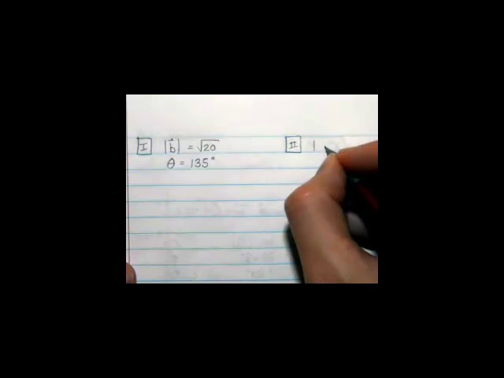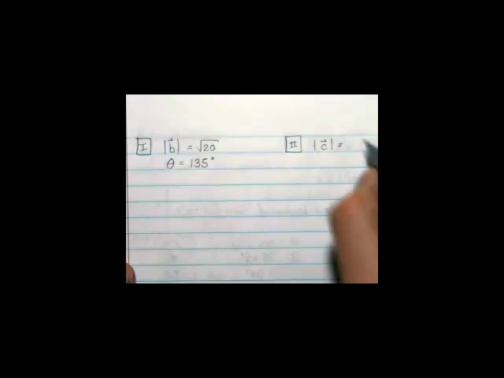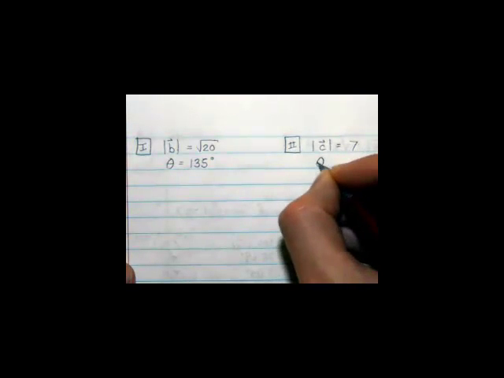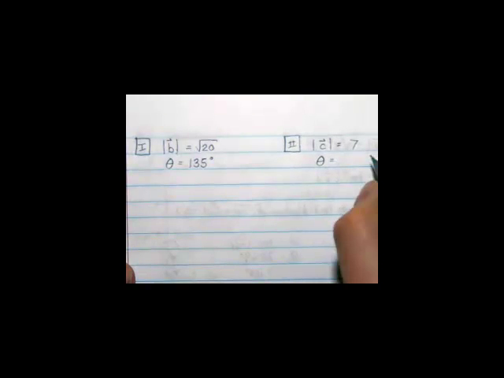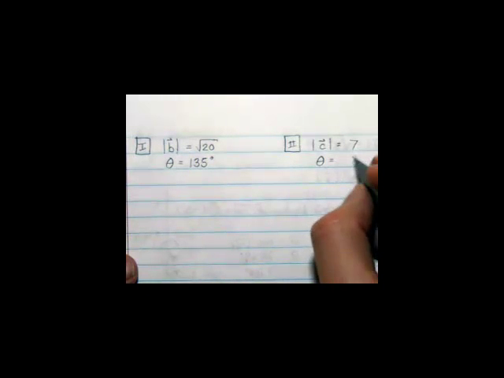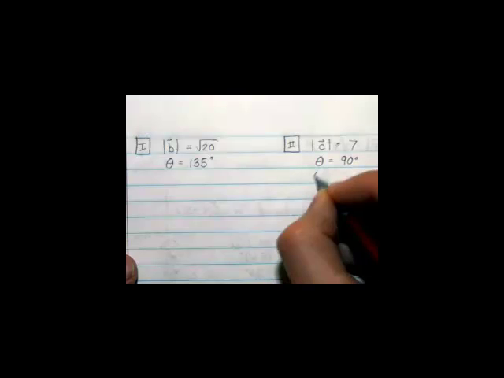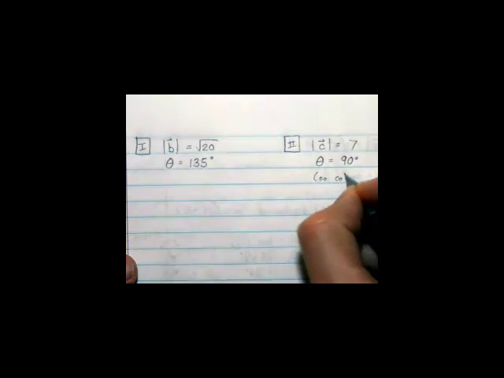And the next one, let's make this the vector c. Say its magnitude is 7 and its direction is 90 degrees. And this one, I want no calculator.